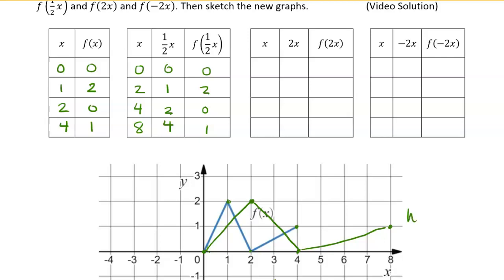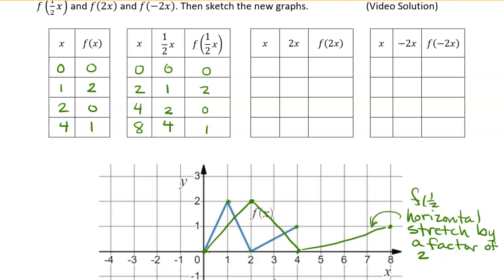I'll write that down: horizontal stretch by a factor of 2. That means we're multiplying by 2. All right, so that's this first function, f of 1/2 x.